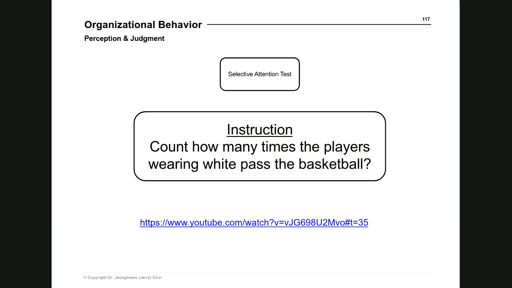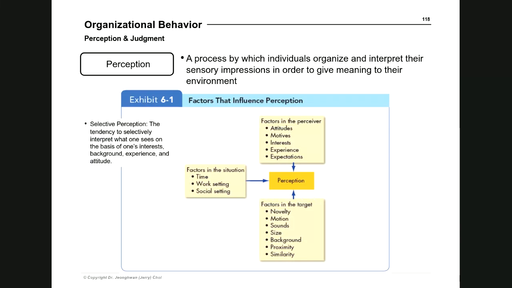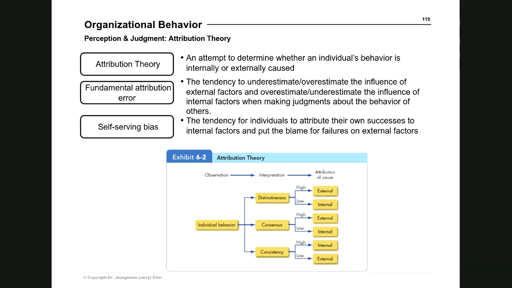Okay, good. And yeah, we saw the invisible gorilla. Even though there was a gorilla, we couldn't process that information because we have a limitation, a limited perception. Attribution theory tells about it.